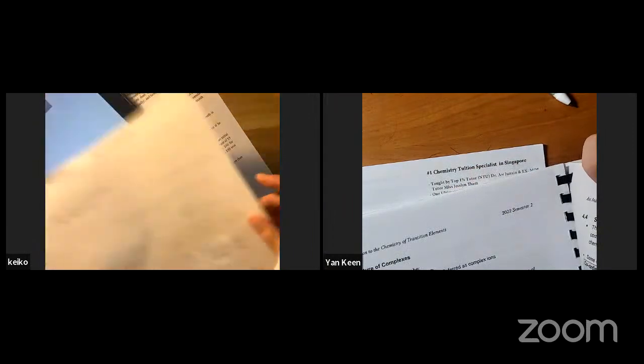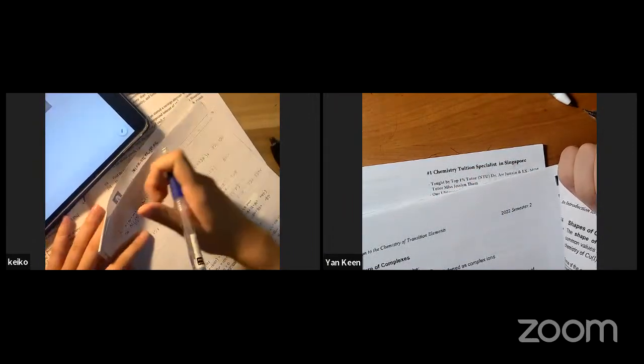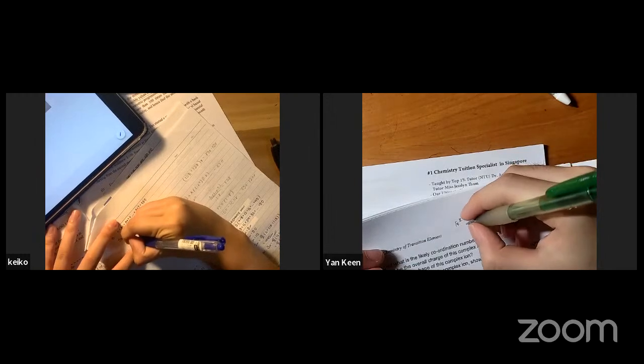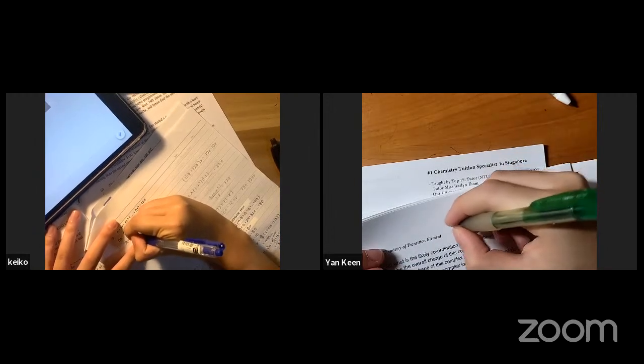If it's really 1 and it's really 2, then it's quite easy to guess, right?